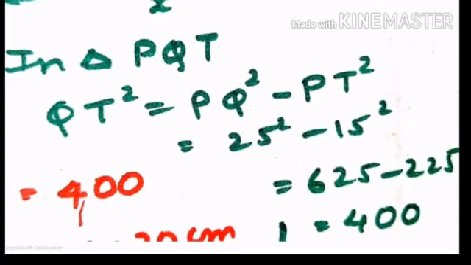So QT square is equal to PQ square minus PT square. We directly need QT, so I have written accordingly. So 25 square minus 15 square is equal to 625 minus 225 is equal to 400. So QT we find by taking square root on both sides, as the square root of 400 is 20. So QT value is 20 centimeters.